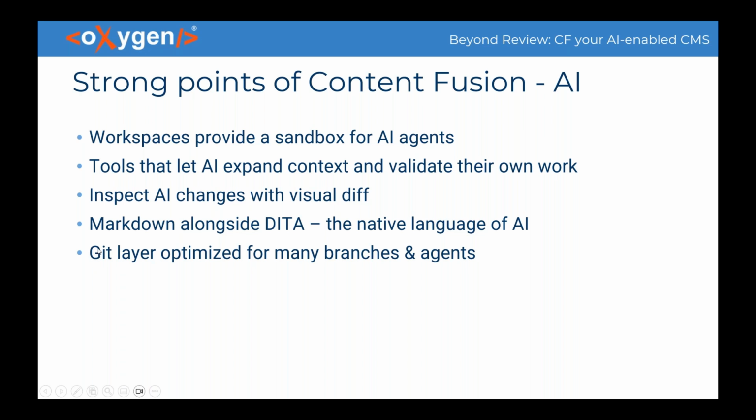And another advantage of Content Fusion is that it has an internal Git layer which is optimized for many branches and many agents working in parallel, even for large Git repositories.